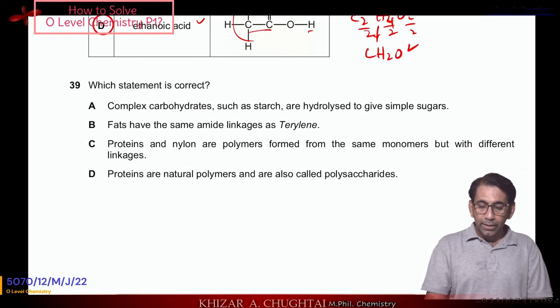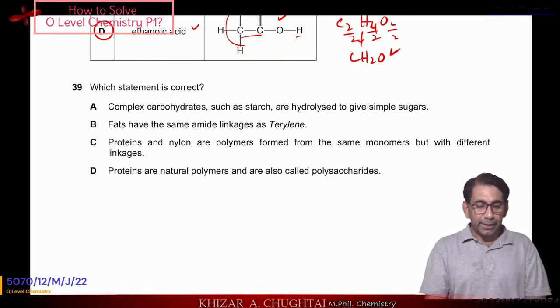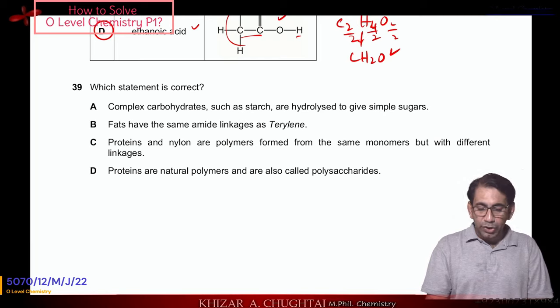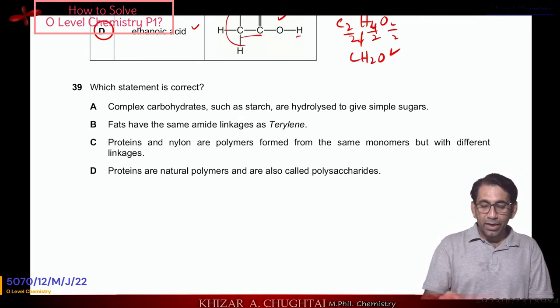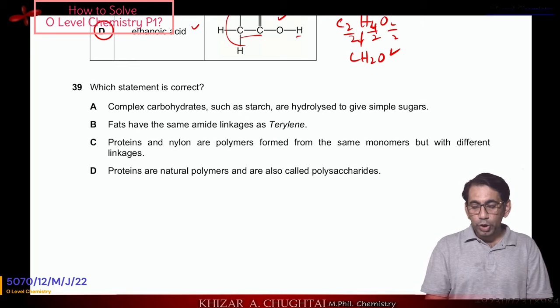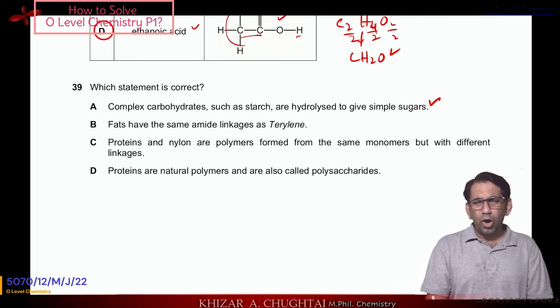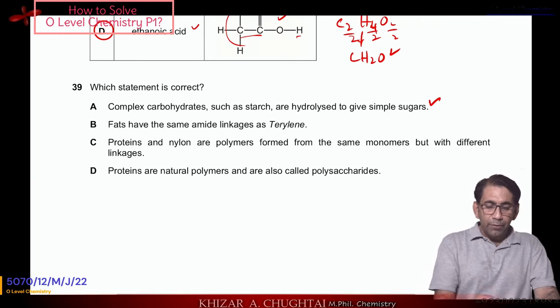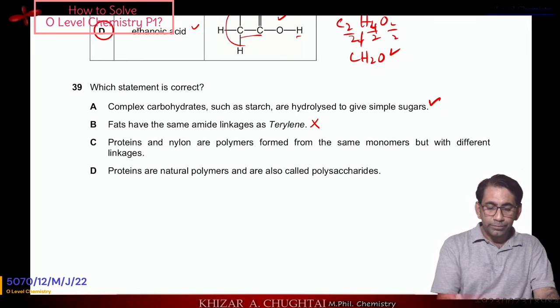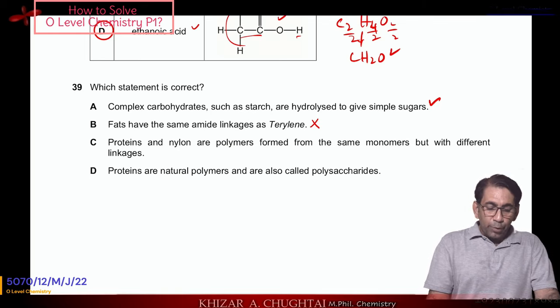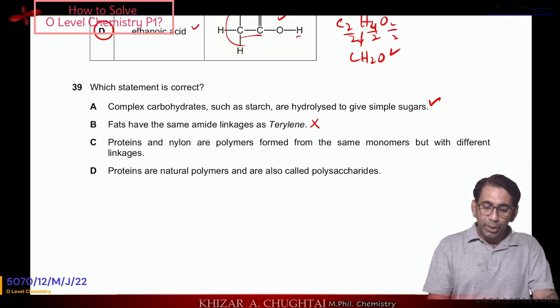Question number 39. Which statement is correct? Complex carbohydrates such as starch are hydrolyzed to give simple sugars. Yes, it is true. It's the correct one. However, let me check the further options. Fats have the same amide linkage as polythene. No. Proteins and nylon are polymers formed from the same monomer but with a different linkage.